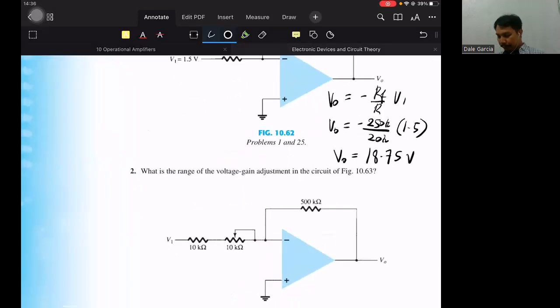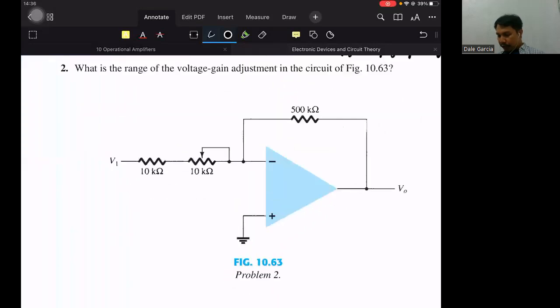About this one. What's the range of voltage gain adjustment in the circuit? As I have mentioned earlier, this is what we call a potentiometer, nothing more than a variable resistor.